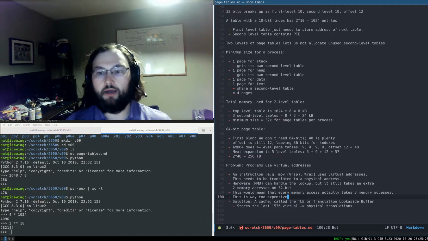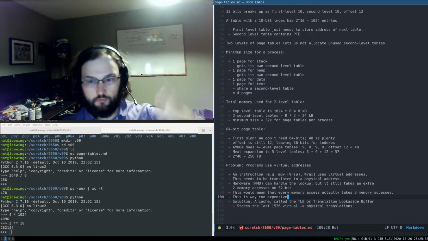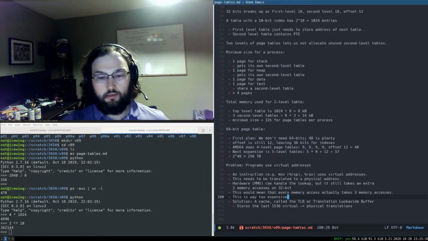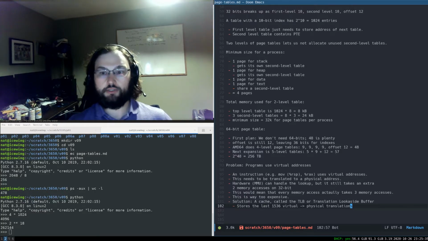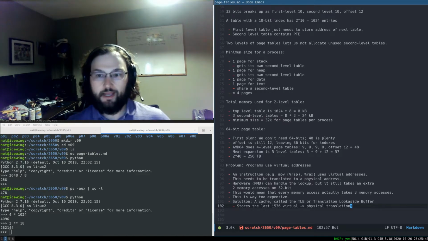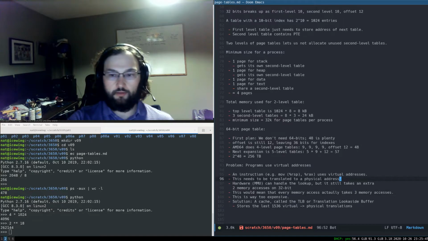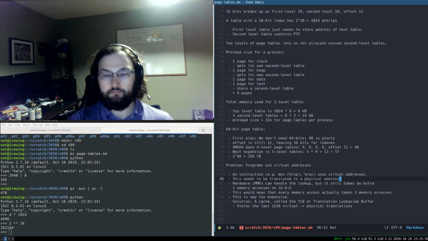And it stores about 1,500 translations of a virtual page number to a physical page number. And this is in the processor, real close to the registers. So TLB lookups are super fast, and so we only have to actually do the multi-level page table traversal if we haven't seen this page recently.